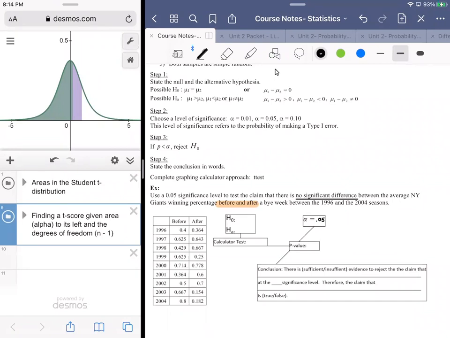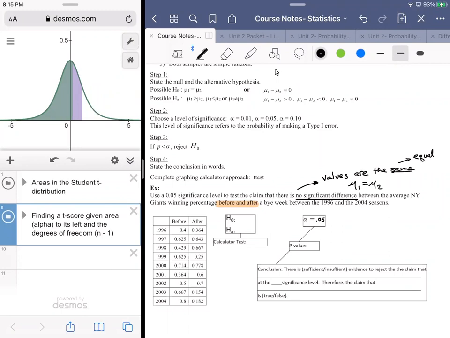But no significant difference means the values are the same. Same as equal. All right, so it's implied that our population means mu1 and mu2 would be the same as one another.